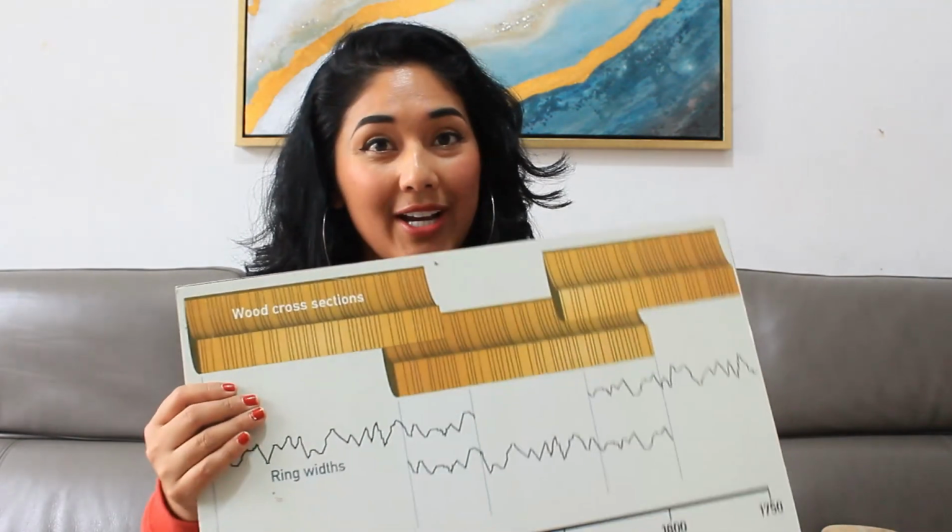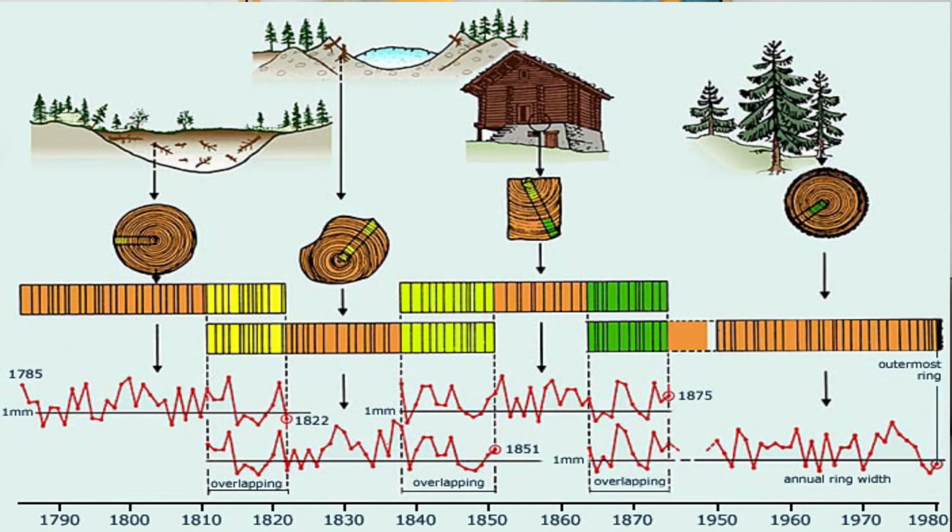Step number 5, cross-dating. Cross-dating refers to Pearson correlation. For example, when we have different series, we need to select the best series, only those that have the best correlation, the Pearson correlation.